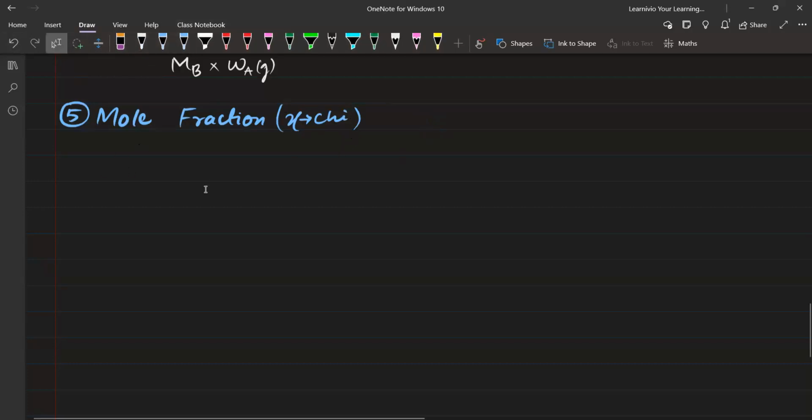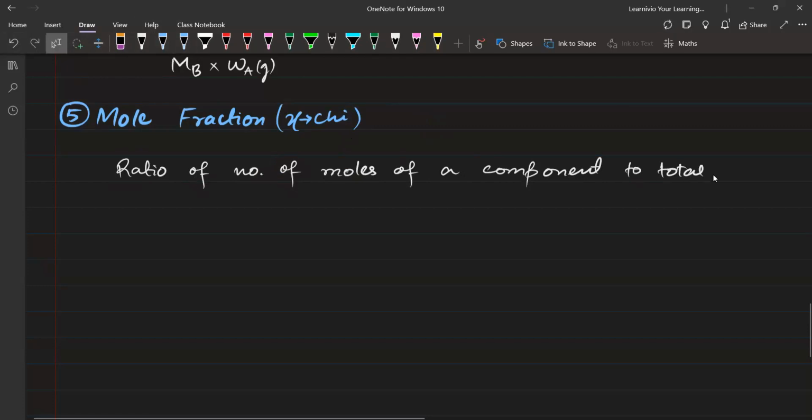It is the ratio of number of moles of a component to total number of moles.